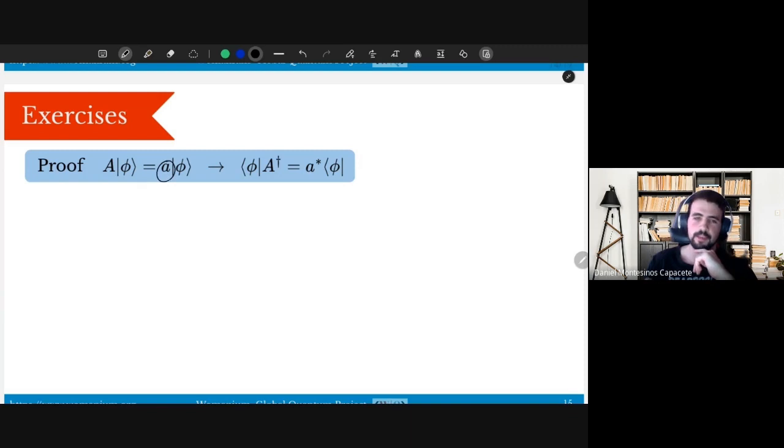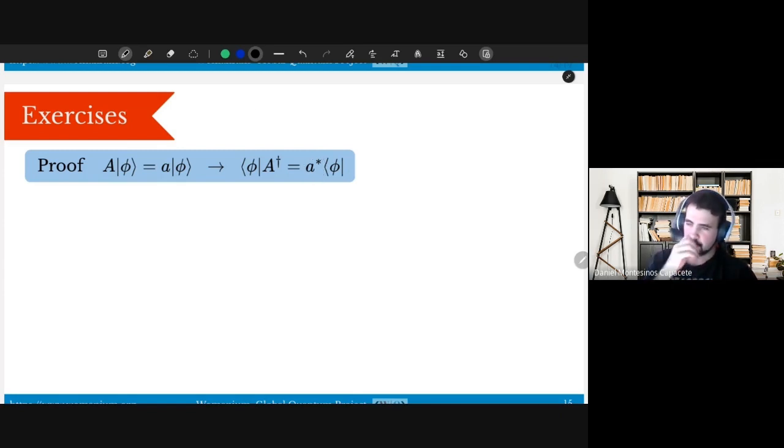In general, this is going to be a complex number. We want to prove that if this is true, then the adjoint operator acting on the vector is going to act in this way, that this number is going to be the complex conjugate of the first number.